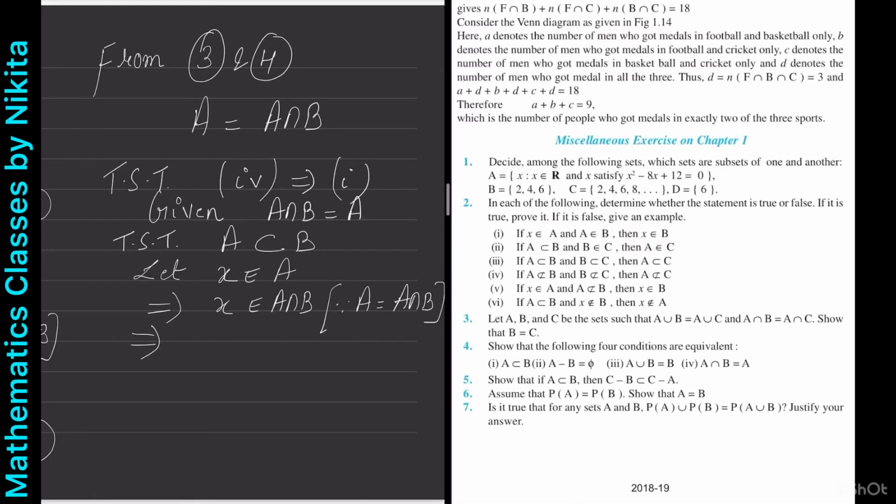And this implies x belongs to A as well as x belongs to B. So from here what I get? X belongs to B. So therefore A is a subset of B. So 4 implies 1 भी हो गया. So therefore all these 4 statements are equivalent.